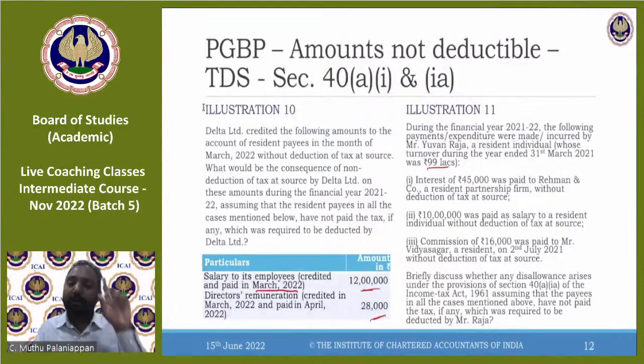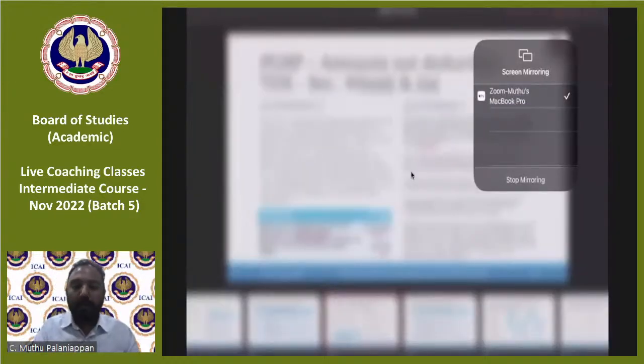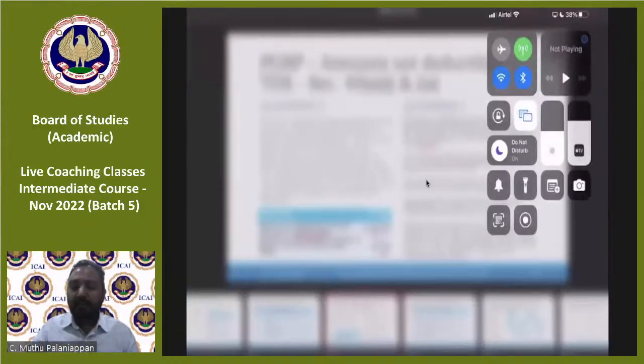That's a different chapter. So assuming this tax is supposed to be deducted, interest of 45,000 was paid to Ragaman and Co. If tax has not been deducted, you will have to deduct 30%. So tax must be deducted at 30%.